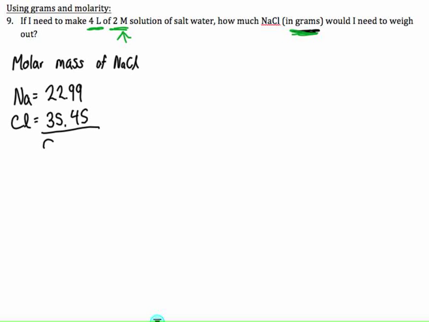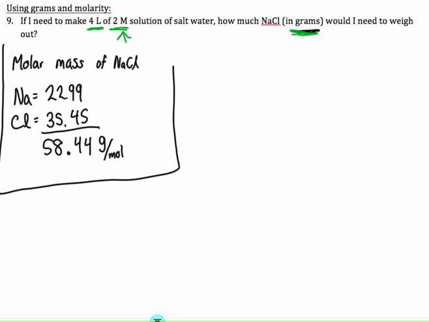Add them together, you get 58.44 grams per mole. That is something I know I'm going to need, so I'm just going to put it in a box. Now I'm going to show you both options for how to solve this problem.